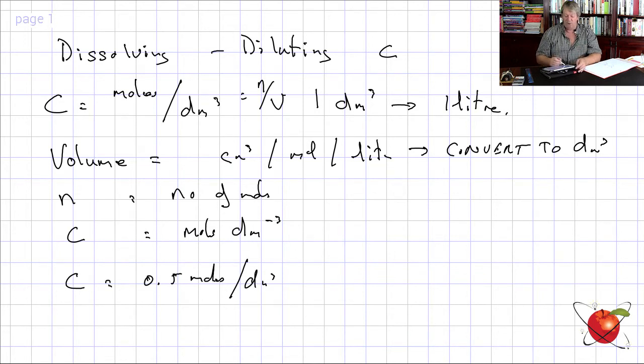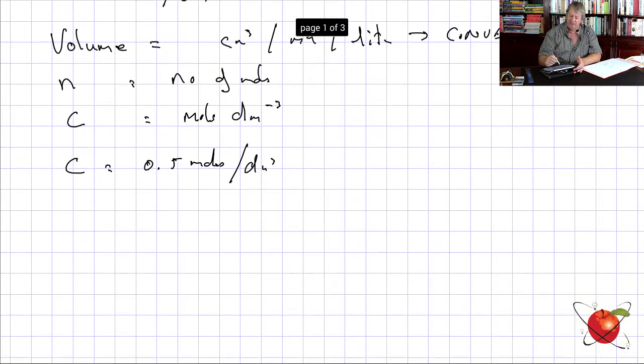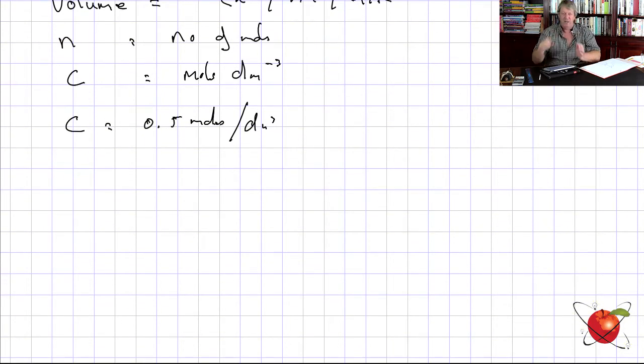So therefore, we would be able to calculate either volume or number of moles, depending upon which other one we're given. So always look which two are given out of the three and calculate the other one, because you're going to need it, all right? So with concentrations generally, we straight away look for which two we have got and calculate the third.